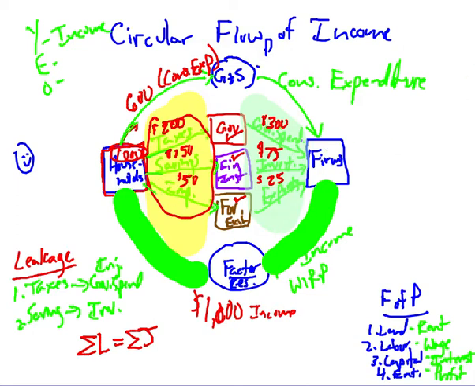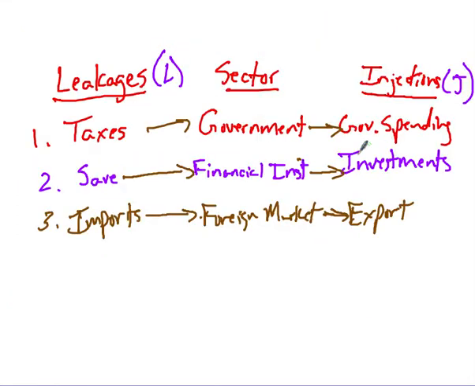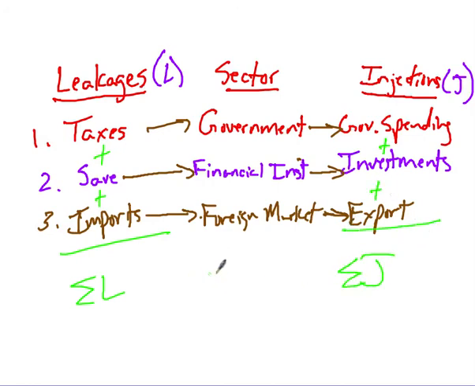And so if we go back over to this other page, we can just wrap this up. If we add these together, that gives us total leakages. If we add these together, that gives us total injections. And these come through these three different sectors, so these have to be equal.